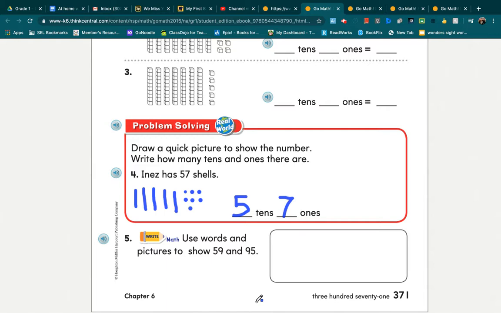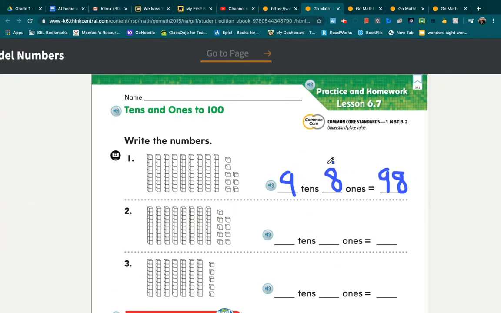You're going to use the same strategy that you just did in number 4 with Inez and her 57 shells. Draw a quick picture for 59 and then for 95. If you want a challenge, you can try to stretch the words 59 and 95 and write them there, okay? But that is practice homework lesson 6.7.